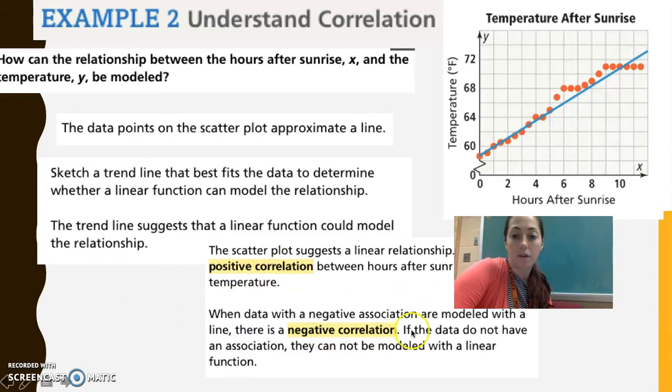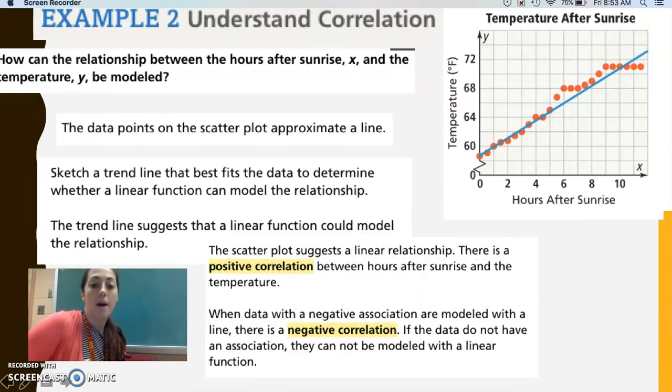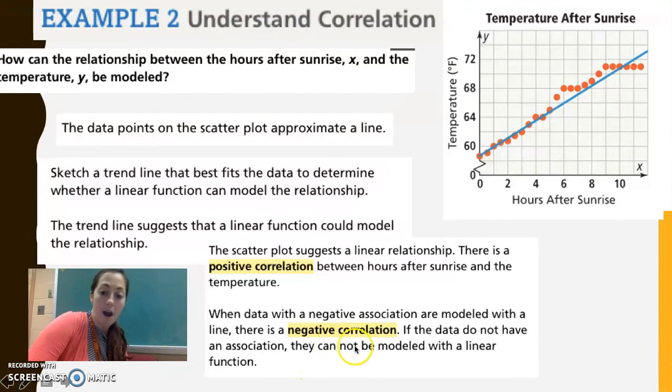The scatter plot suggests a linear relationship. There's a positive correlation between the hours after sunrise and the temperature. When data with a negative association are modeled by a line, that means there's a negative correlation. If the data do not have an association, then they cannot be modeled by a linear function.